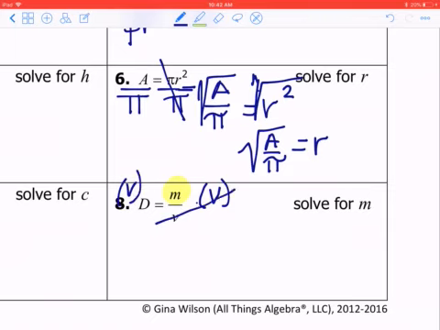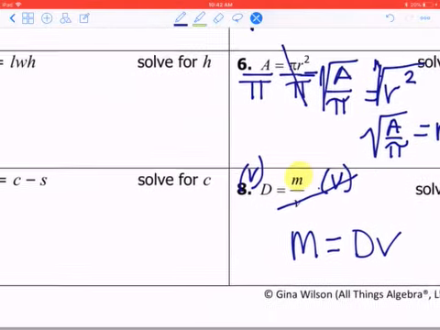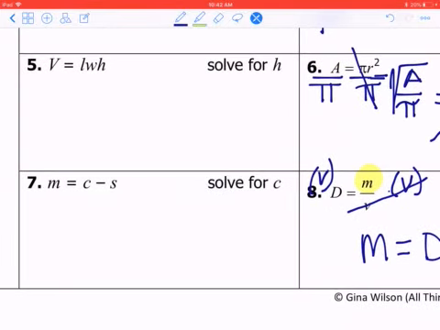The v's cancel, and we're left with m equals d times b. Okay, moving over to number 7, we're solving for c. So my first step is to add s.